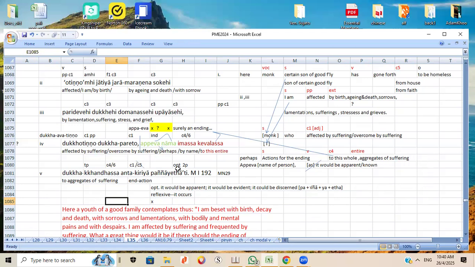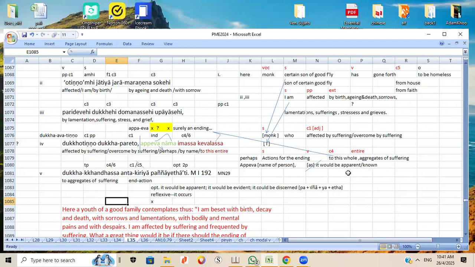Then can you see the word here, pannayetha? That means this is objective, it would be apparent. Or it can be two: one is objective, one is reflexive. In this case, I choose this one because it would be apparent. The word pañña also can mean "known". Paññāyetha, can be known. So it would be apparent or would be known.